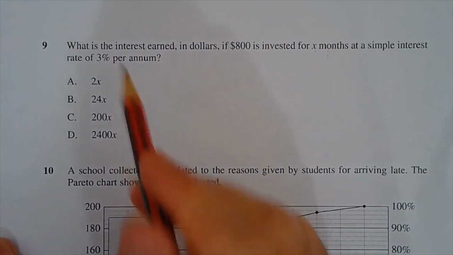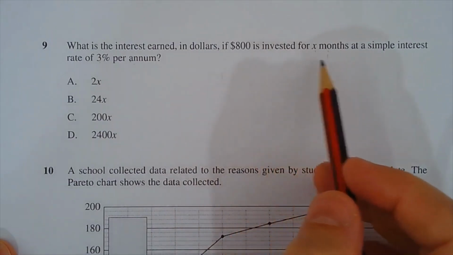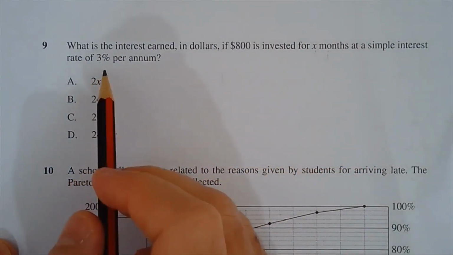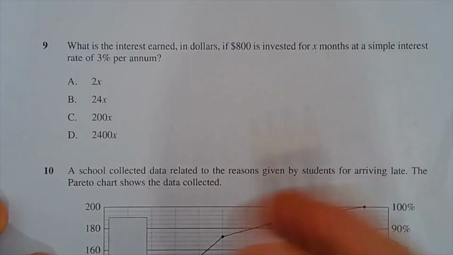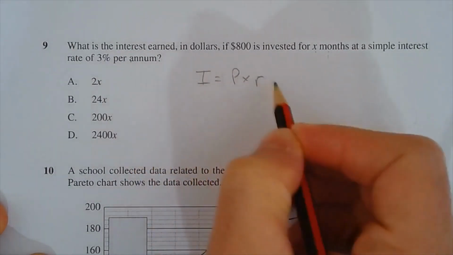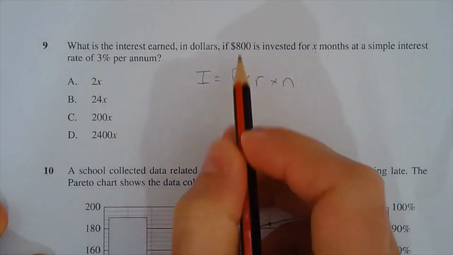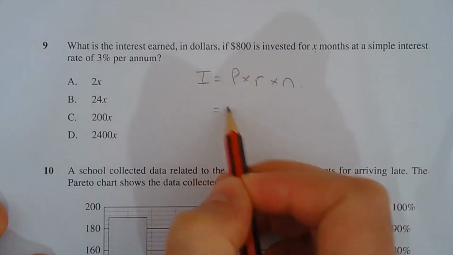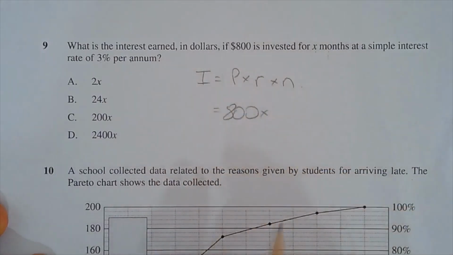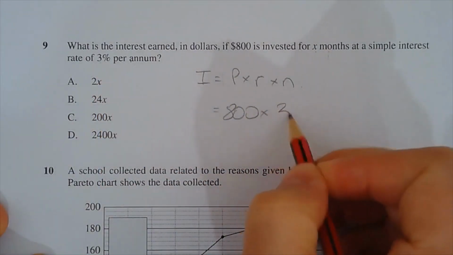Question 9. What is the interest earned in dollars if $800 is invested for X months at a simple interest rate of 3% per annum? Simple interest means we're going to use the formula I equals P times R times N. Now, the P, the principal, is $800. The interest rate is 3%.